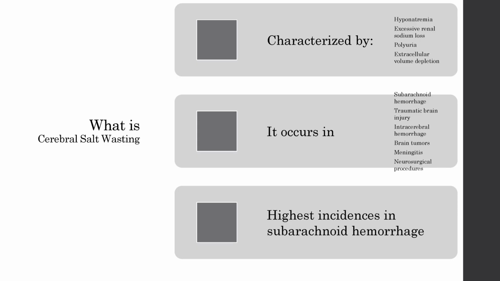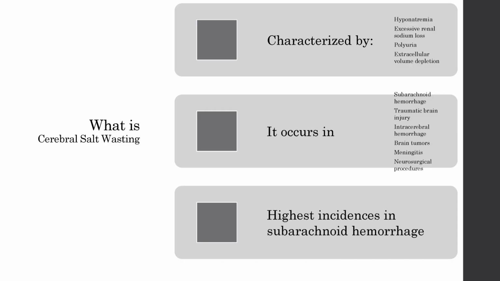Cerebral salt wasting is a syndrome characterized by hyponatremia, excessive renal sodium loss, polyuria, and extracellular volume depletion. It occurs in patients with intracranial diseases such as subarachnoid hemorrhage, traumatic brain injury, intracerebral hemorrhage, brain tumors, meningitis, and neurosurgical procedures.